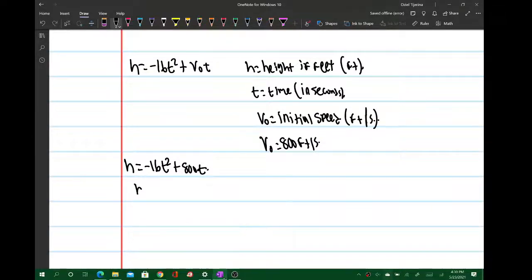You can also say h of t, since we're looking at this as a function of t. So the height is h of t, where h is the dependent variable and time t is the independent variable.